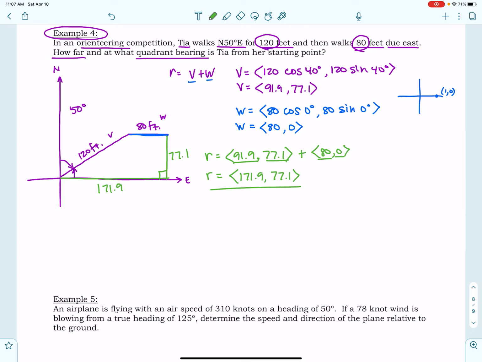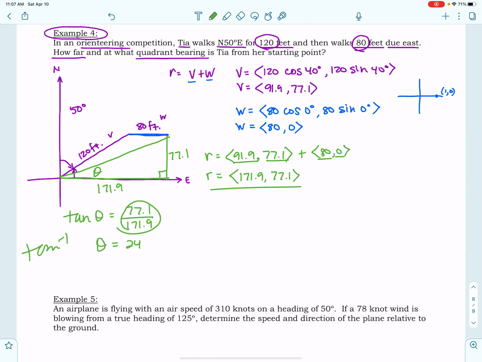All right, so once I do that, this right here now is going to be theta. So I'm going to use tangent theta, just like always, opposite over adjacent. Remember, in your calculator, you type in tangent inverse of all of this, and for theta, we get 24.2 degrees. All right, so this is her ending spot right here, and this is her beginning spot.